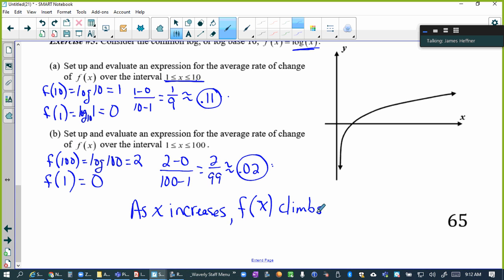From 1 to 10, it's got a rate of change of 0.11, but between 1 and 100, it's got a rate of change of 0.02. So is it climbing more quickly or more slowly as you move? Slowly. Yes, it climbs more slowly, but it still keeps climbing to a y of infinity. Okay?